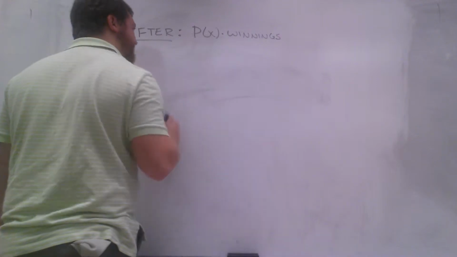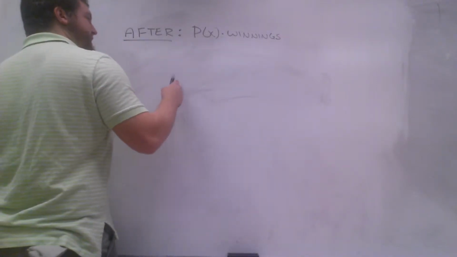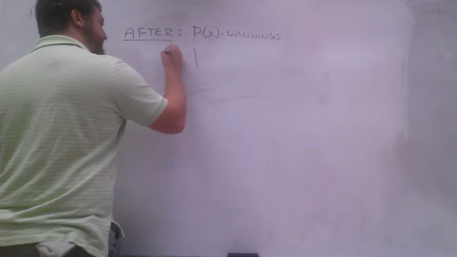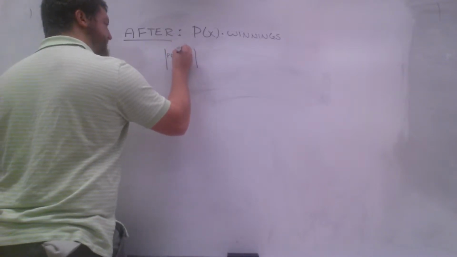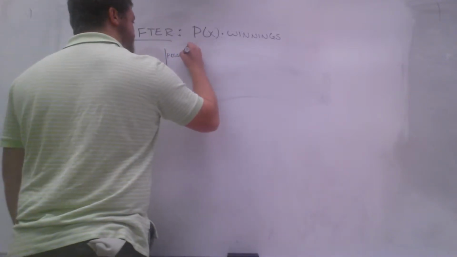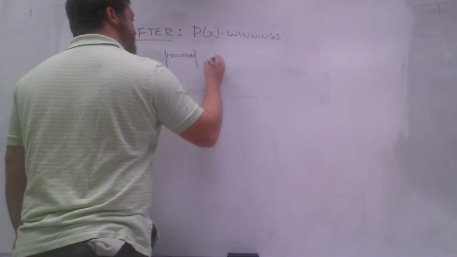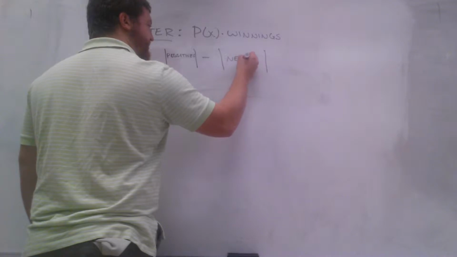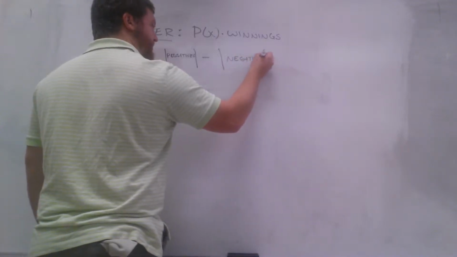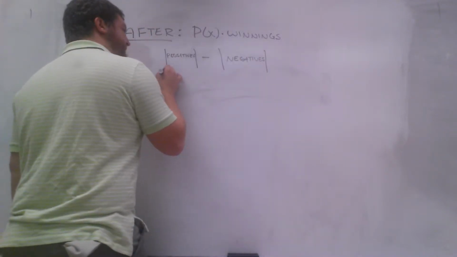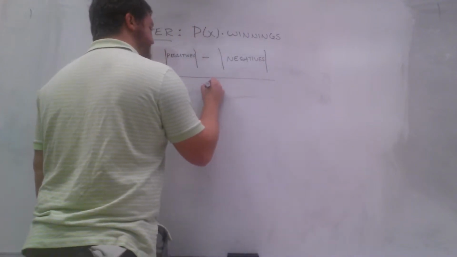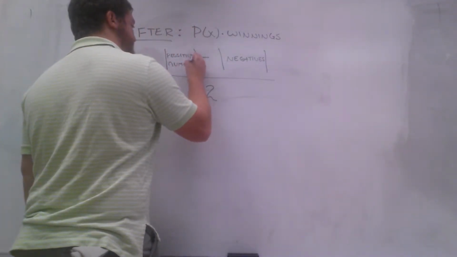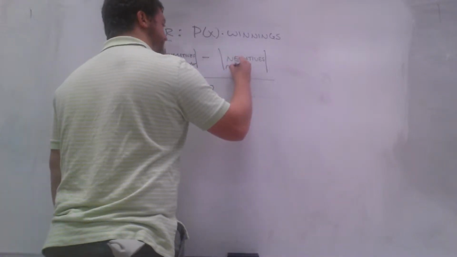After that, you're going to take the absolute value of your positives minus the absolute value of your negatives divided by 2. And let me write this: numerators.